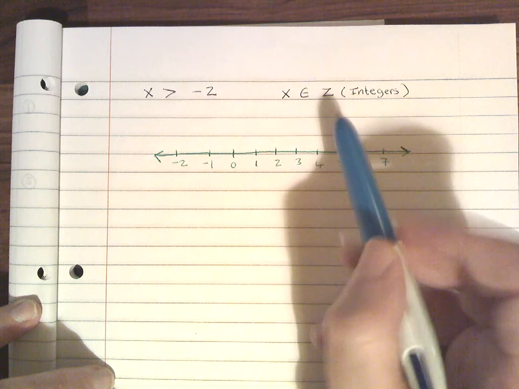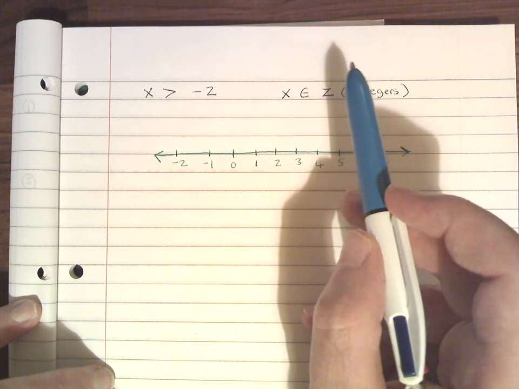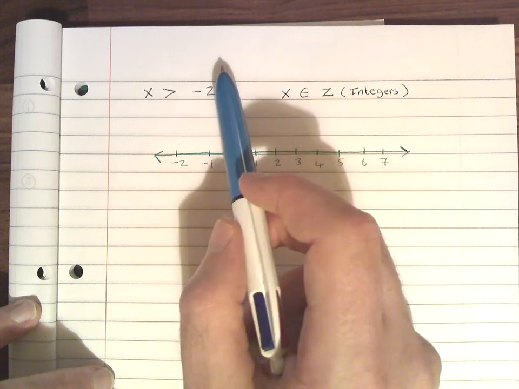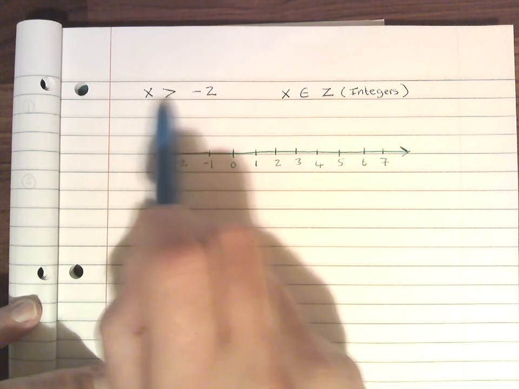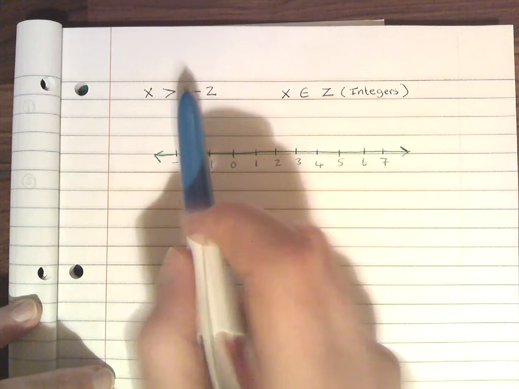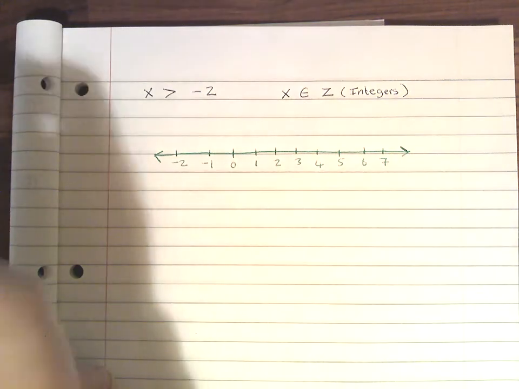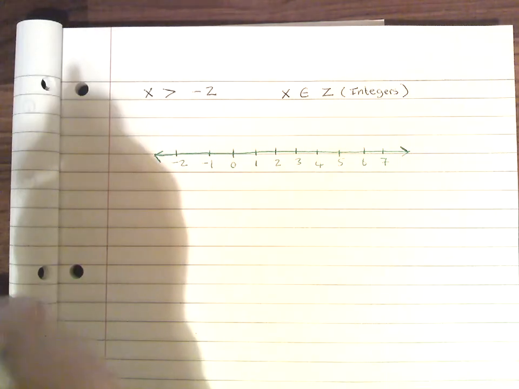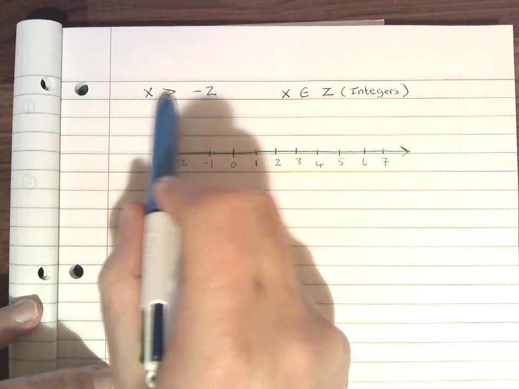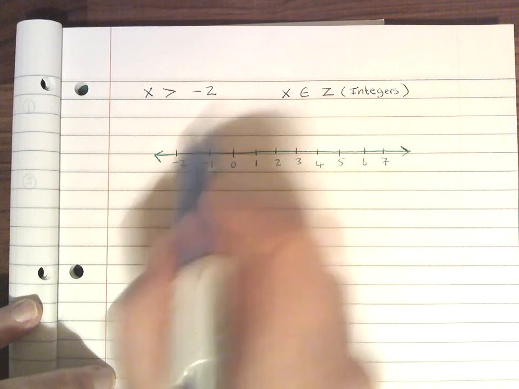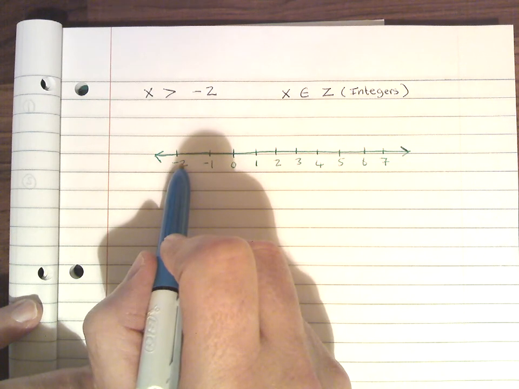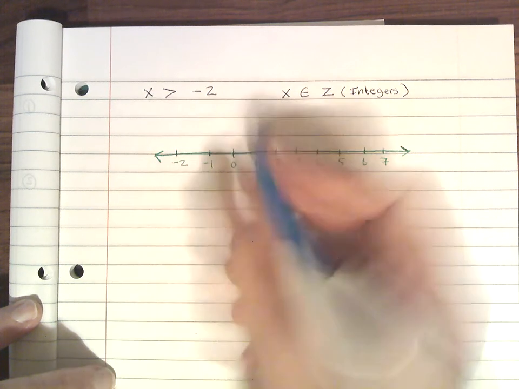Now, if I want to represent all of the integers that satisfy this inequality, remember, the value for x is all the values that are greater than -2. So this is -2, and it's all the values greater than -2.